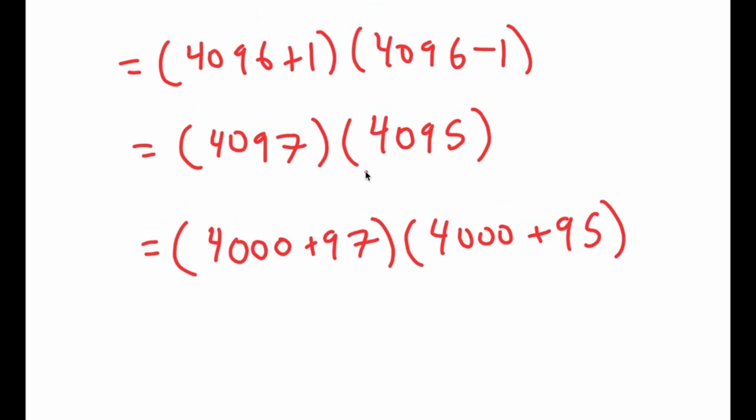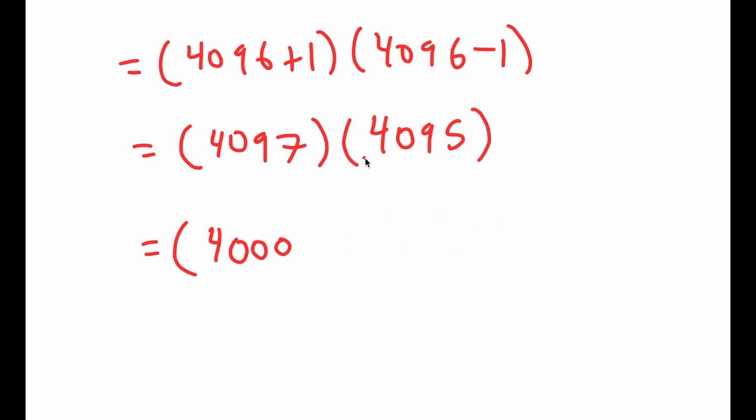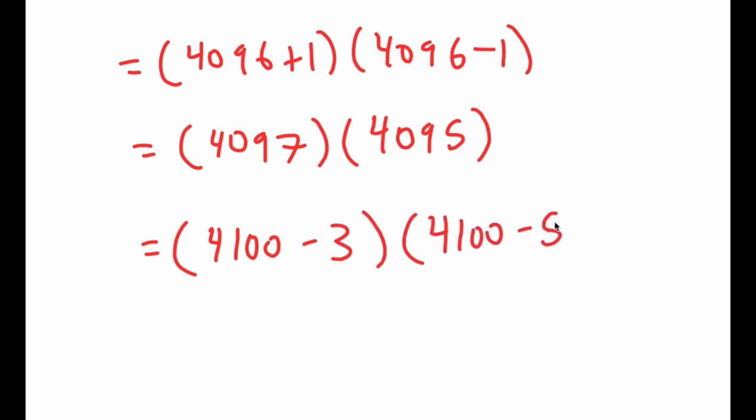Or what I can also do, which is an easier method, is to rewrite 4,097 as 4,100 minus 3 times 4,100 minus 5. And this is also another way to rewrite this, this time subtraction instead of addition. But now, notice how we have 3 times 5, which is much easier to solve than 97 times 95.